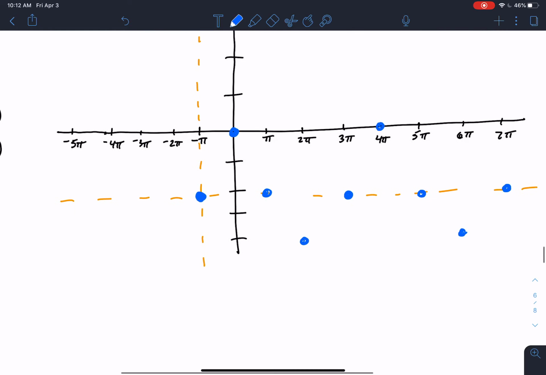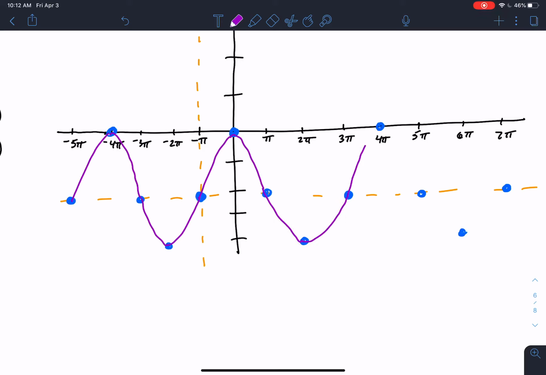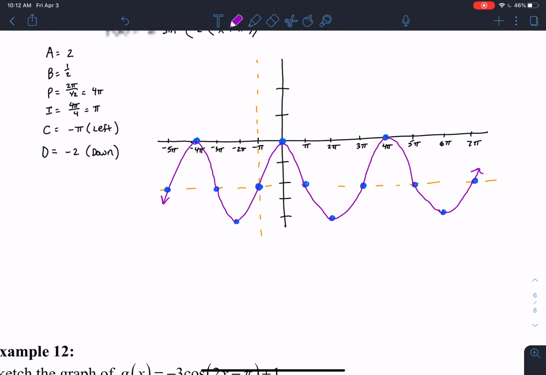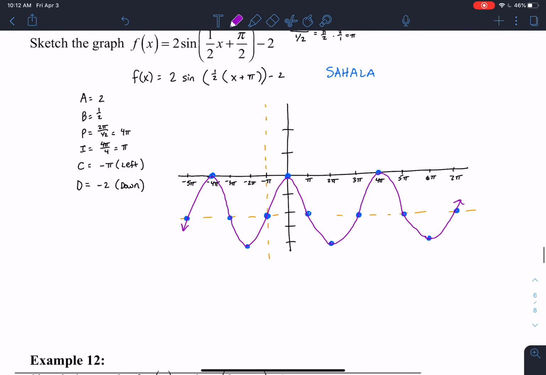Okay, and then do the same thing in the other direction. So axis, high, axis, low. And then just connect. All right, so that would be three cycles for that graph.